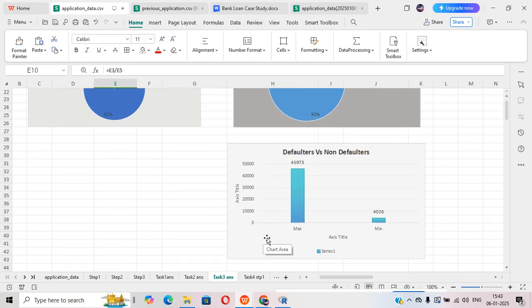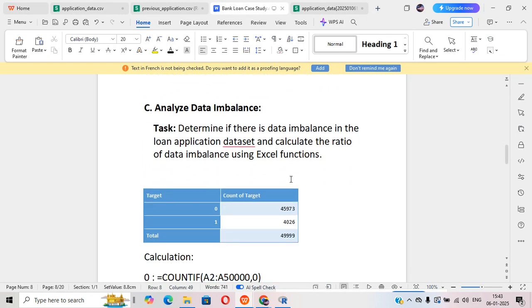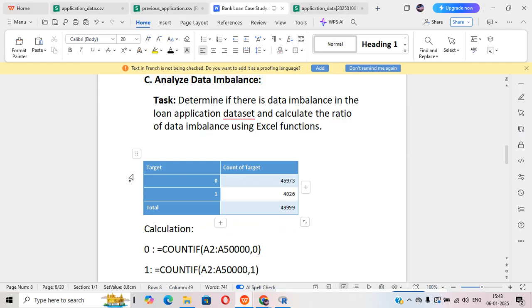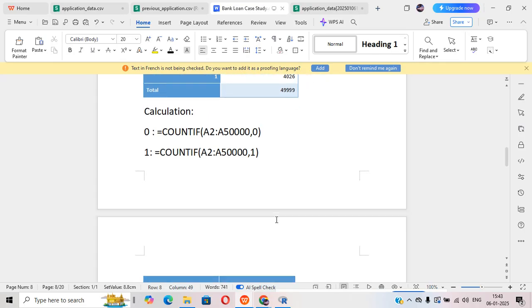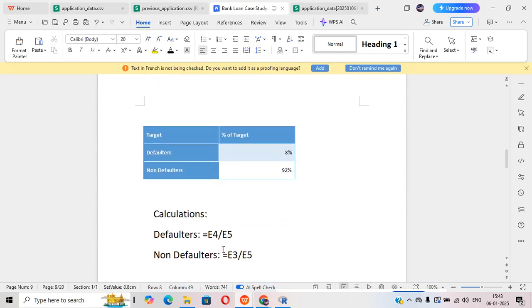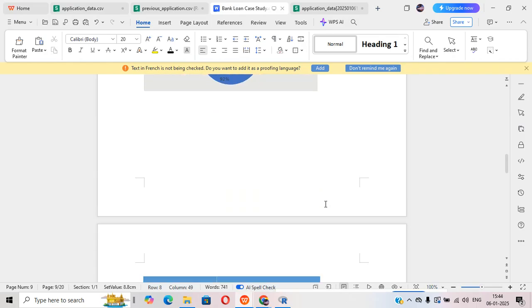And the column chart for defaulters versus non-defaulters one also. For the third one, I have attached a screenshot of count and the count formula I have used in the same for percentage also and a pie chart.